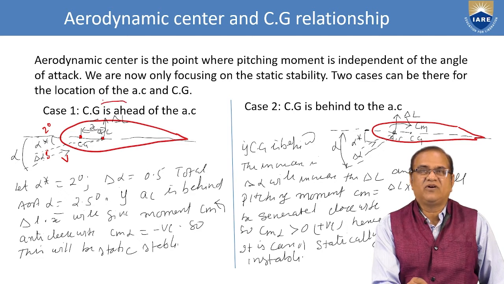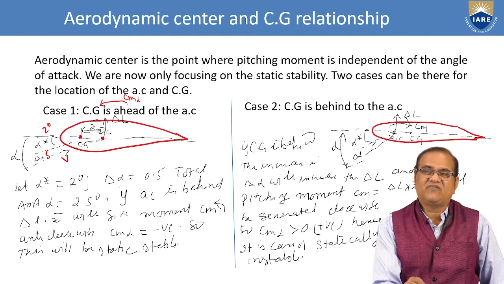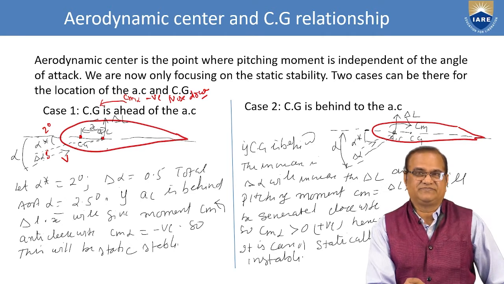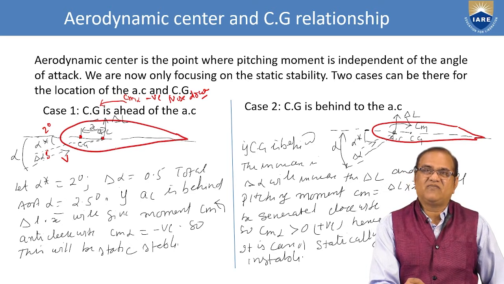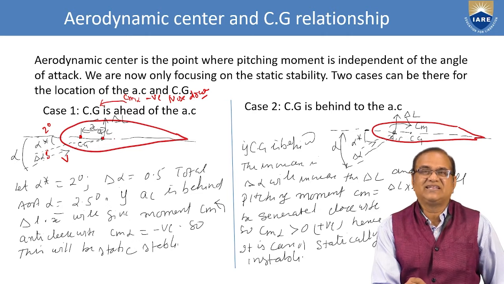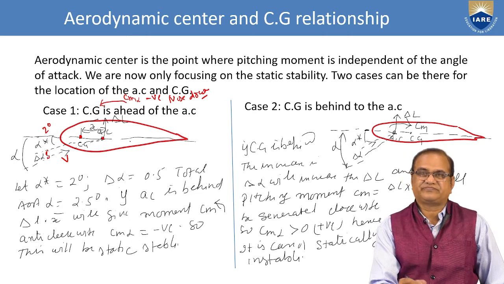This is Cm alpha, and it is negative, nose down. So this case is a case of stability. In this, Cm alpha is negative, and when the center of gravity is ahead of the aerodynamic center, the system is statically stable.